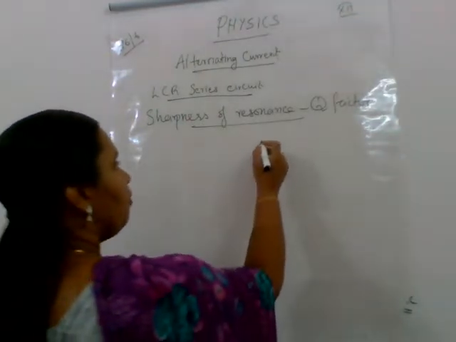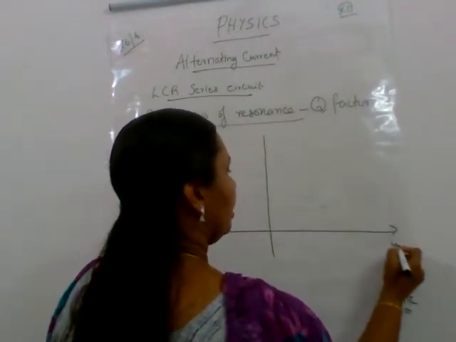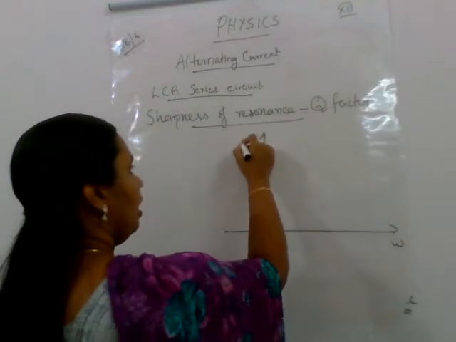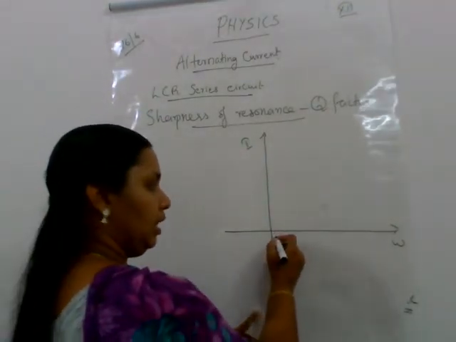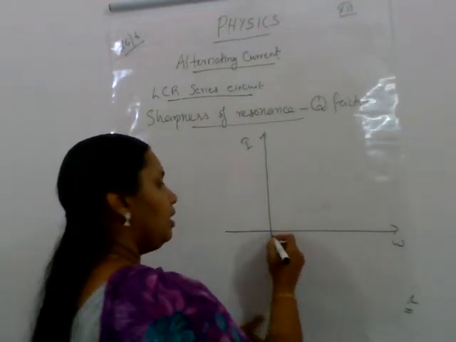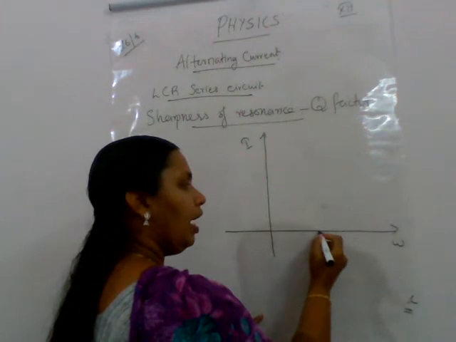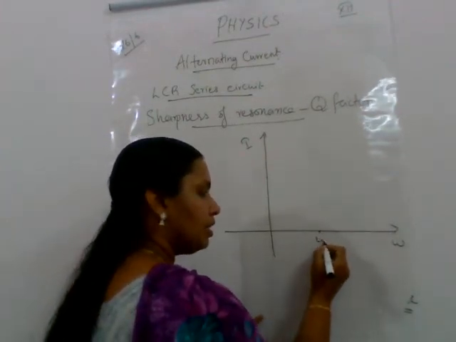So here we plot frequency and current. The frequency increases from 0 and reaches a particular value, our resonant frequency.